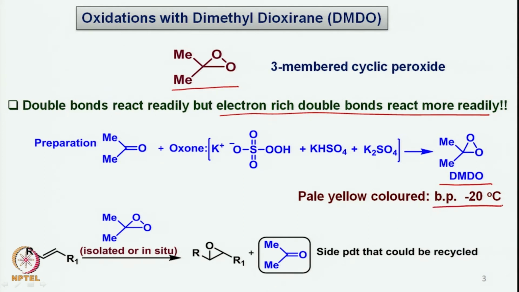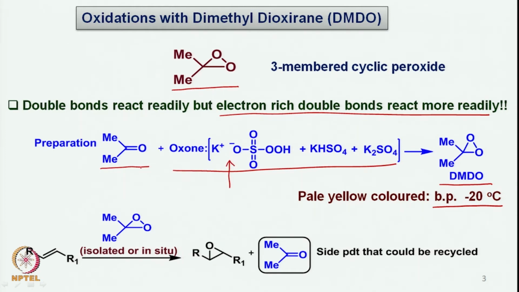That means it is a very low boiling compound, and it can be easily prepared from acetone and the oxone, which we discussed last time. Oxone is nothing but potassium monoperoxy sulphate along with potassium hydrogen sulphate and potassium sulphate, but this is the main oxidant, and it is a very useful oxidizing agent.